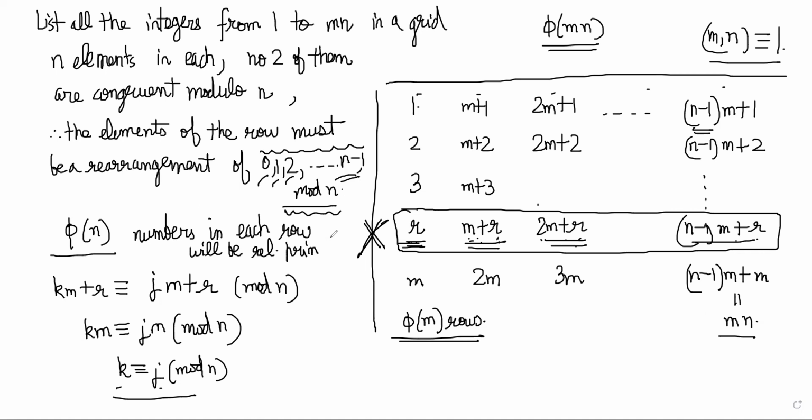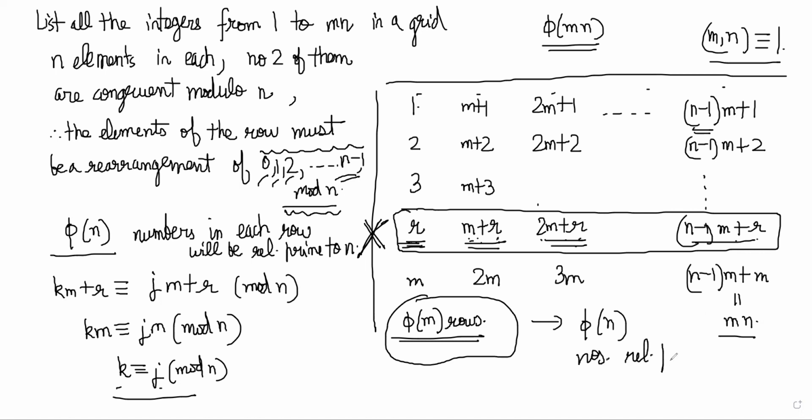to n. So from this, what we are concluding is that there were phi m rows to consider, and in each row there were phi n numbers relatively prime to n, and therefore the total number of numbers that are relatively prime to m and n should be the product of these two.